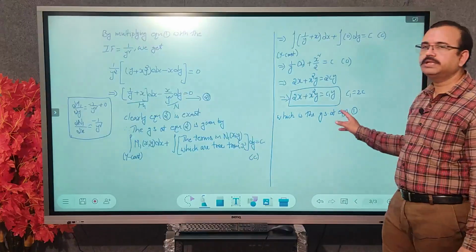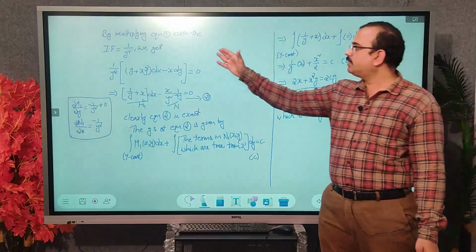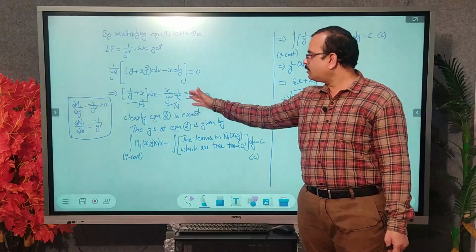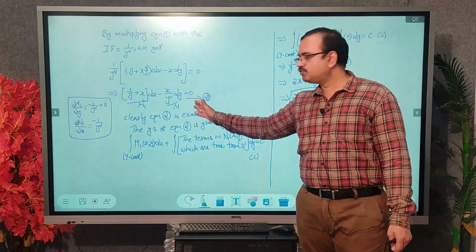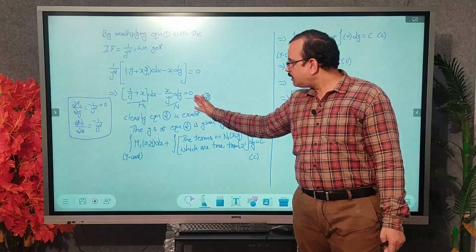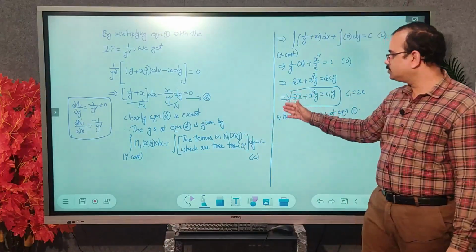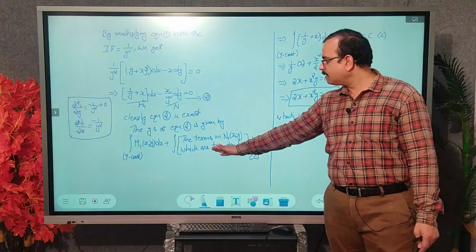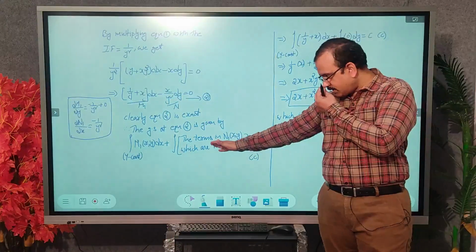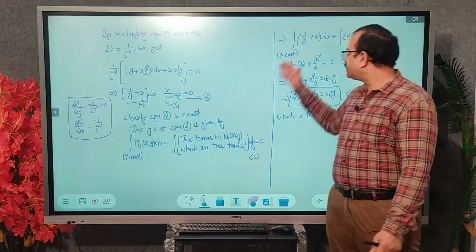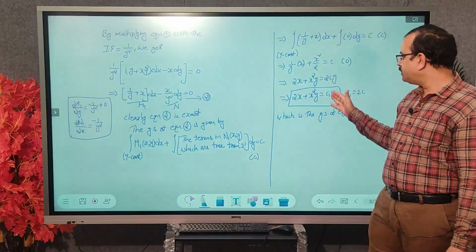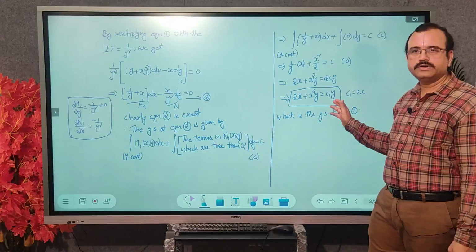Now just multiply the given dE with that integrating factor 1 by y square, then automatically the given dE transforms to an exact differential equation, and then we know how to find out the solution by using this formula, which gives us the general solution. By the help of that we get the general solution for the given differential equation.